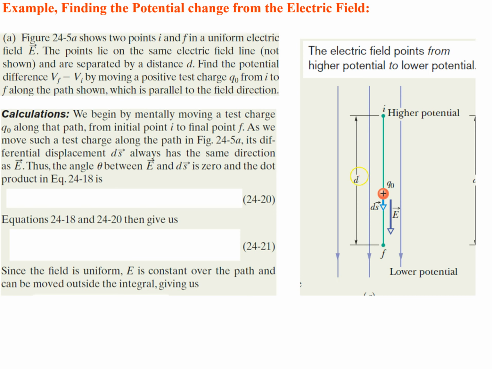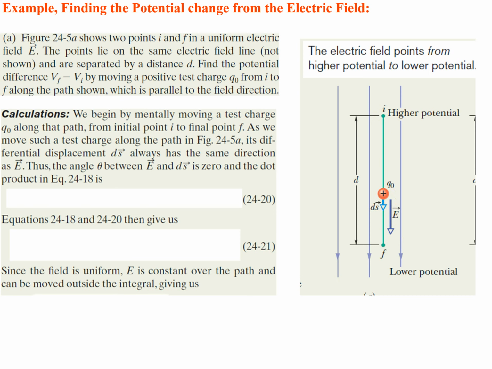Find the potential difference Vf minus Vi by moving a positive test charge q0 from I to F along the path shown, which is parallel to the field direction.